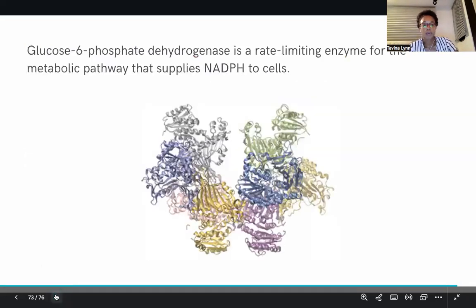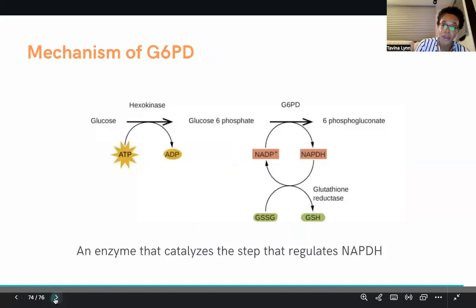So here's an example of a homogeneous catalyst, glucose 6 phosphate dehydrogenase, which is an enzyme that's involved in the metabolic pathway that supplies NADPH to cells. This is a molecular structure of this enzyme, a ribbon structure, and here is the pathway or the mechanism involved with this enzyme.